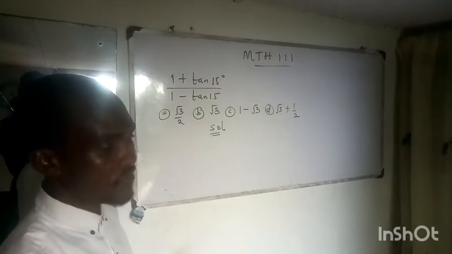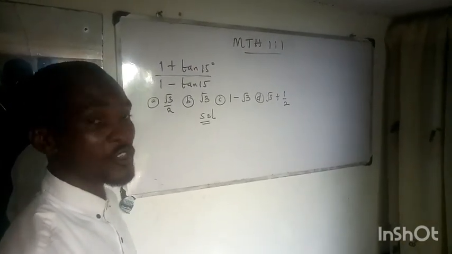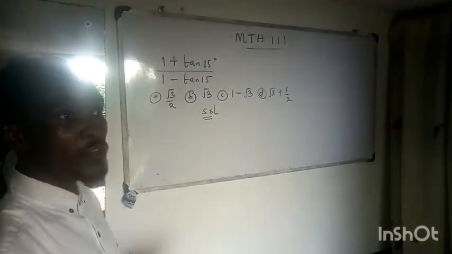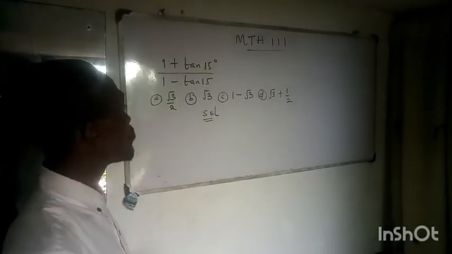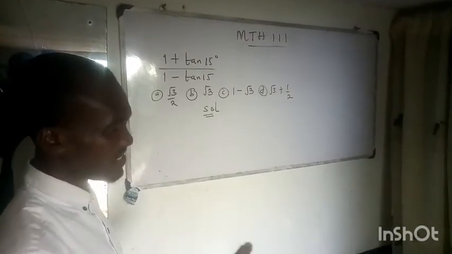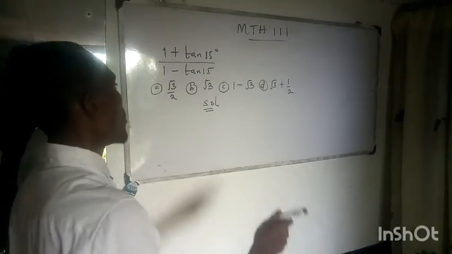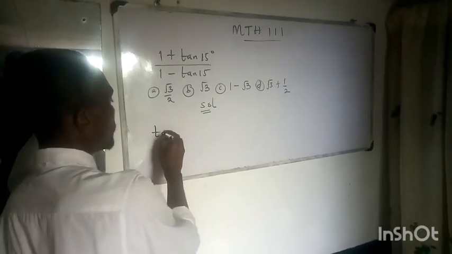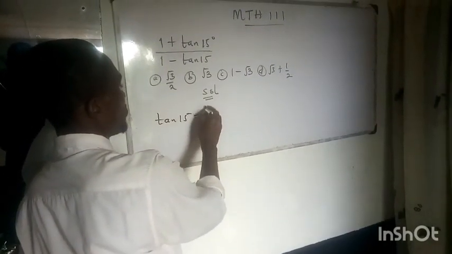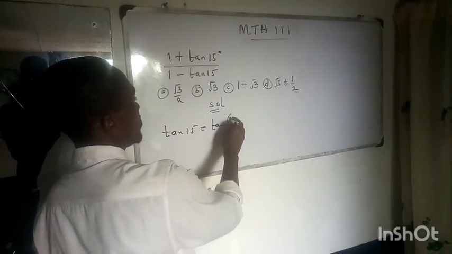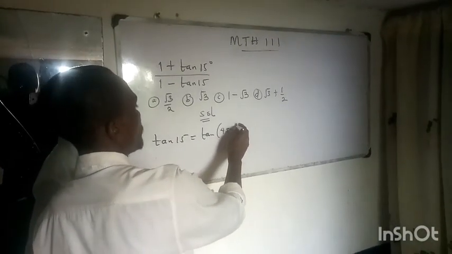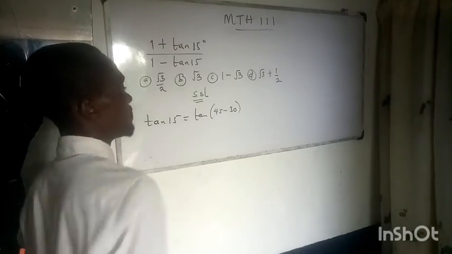Of course, tan 15 is not readily gotten in terms of special angle. So we are going to use two angles that we are well familiar with, which is 45 and 30 degree. So tan 15 is the same thing as tan 45 minus 30.